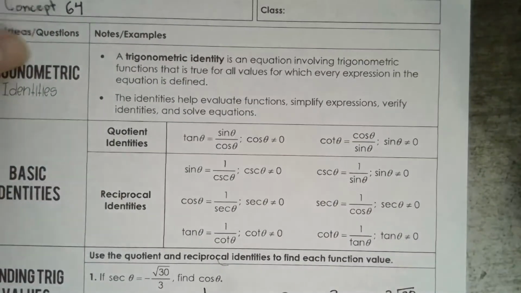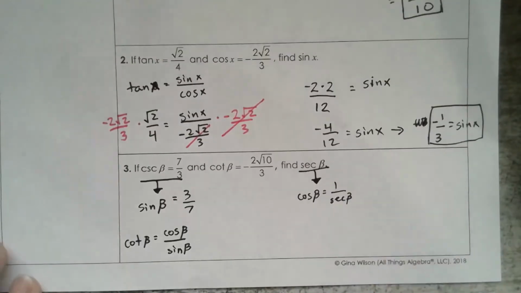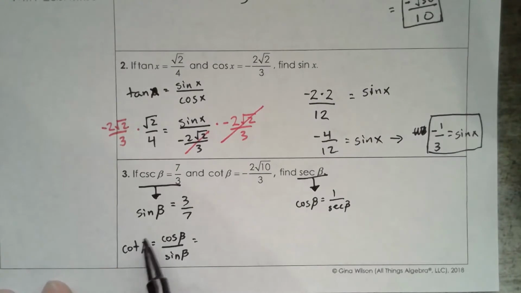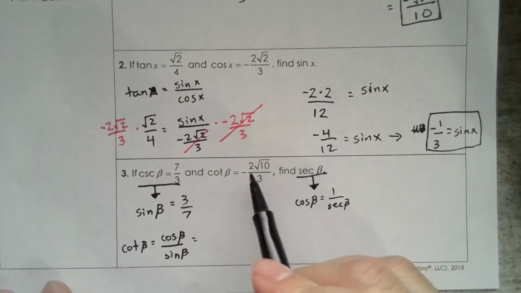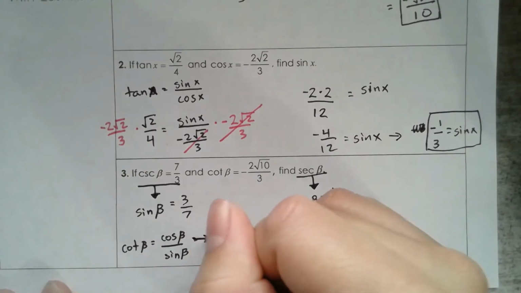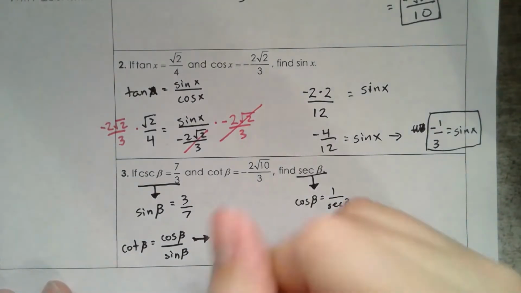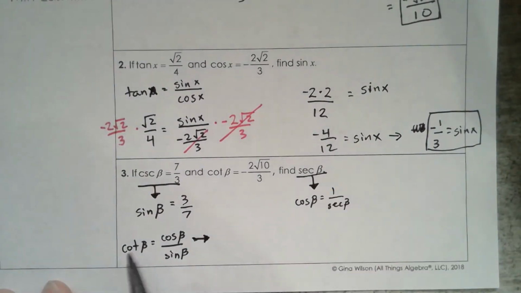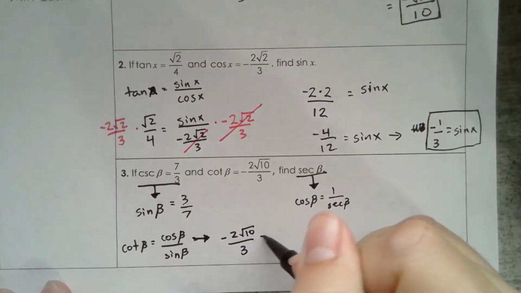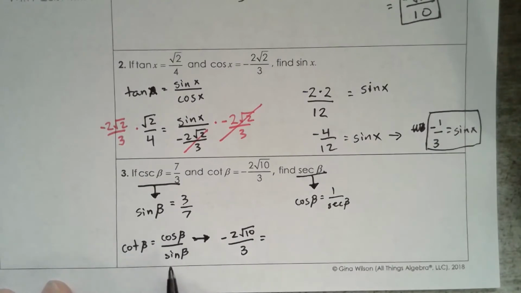Let's plug in what we have. I already have cotangent beta right here, negative 2 square root of 10 over 3. So I'll replace this with negative 2 square root 10 over 3 is equal to cosine over sine. Because I have cosecant, I was able to get sine.